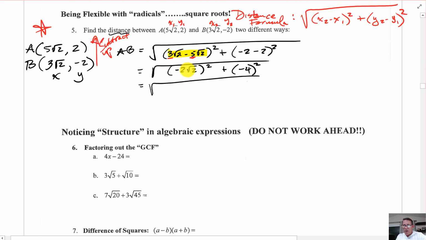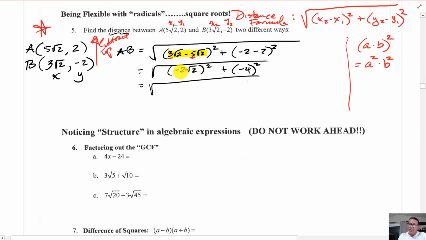Okay, and then here's the critical part. When you square a product, and now this is a product, I'm going to put a dot right here, you got to square both terms. The square of a times b is equal to a squared times b squared. That's an exponent law called the product rule. So when you take a product to a power, you just square both factors.